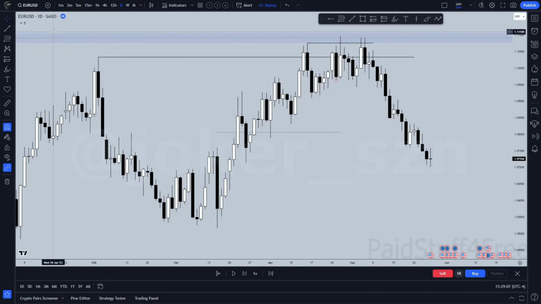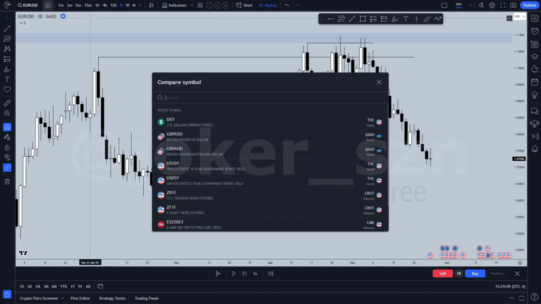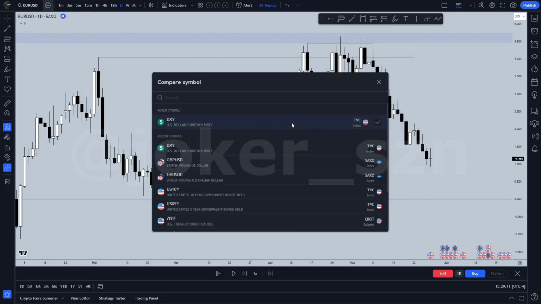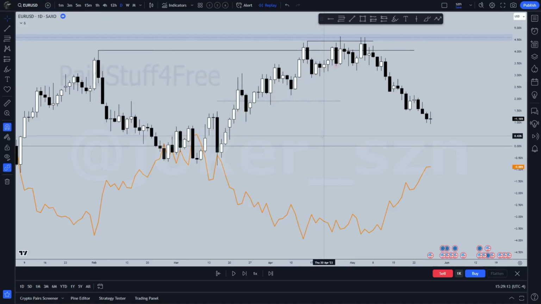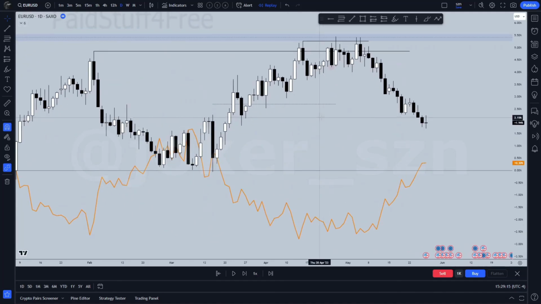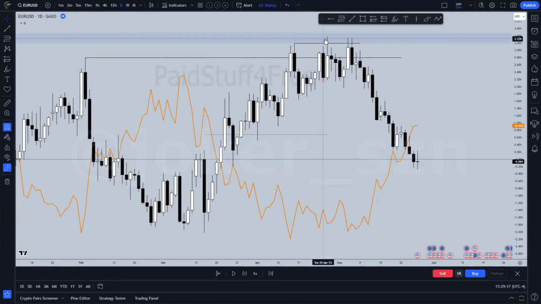If we then add the DXY, the dollar index, to this chart, and we compare the highs of the euro with the lows of the DXY, you can see that we made a lower low here on the DXY and a higher high on euro.